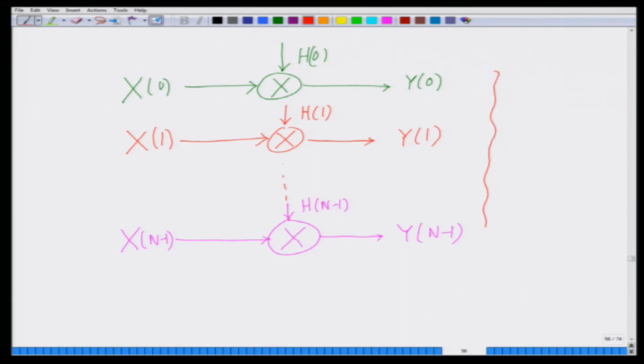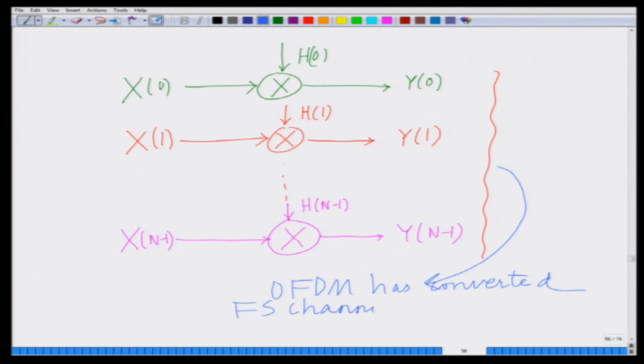So, what I have is basically OFDM has converted the frequency selective channel into n flat fading channels.